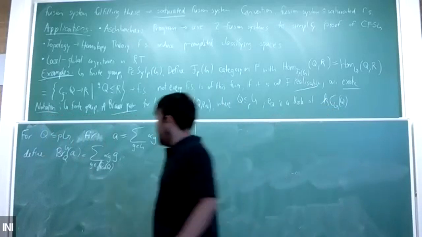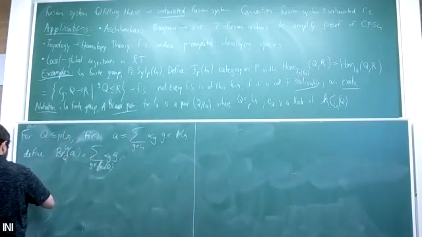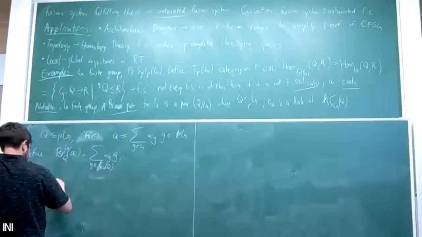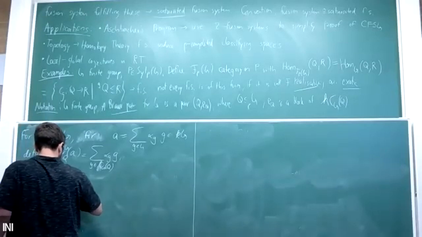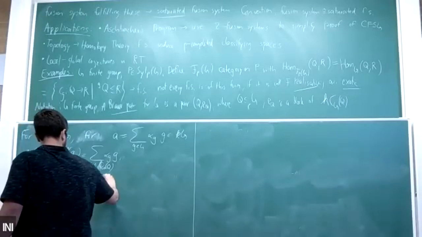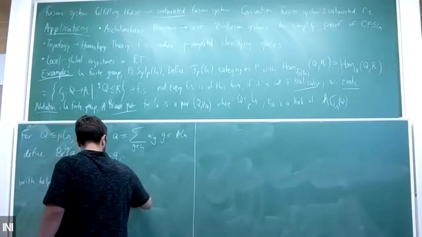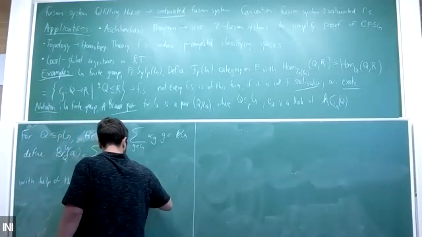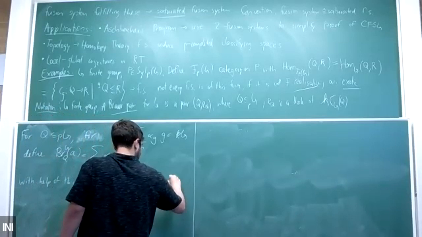Okay? And so with the help of this map, we can define a partial order on Brauer pairs.